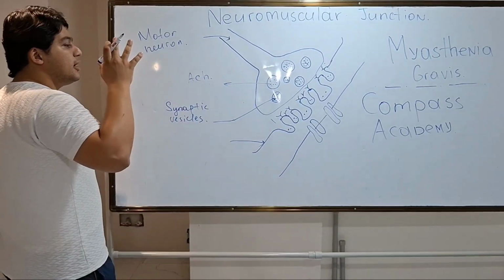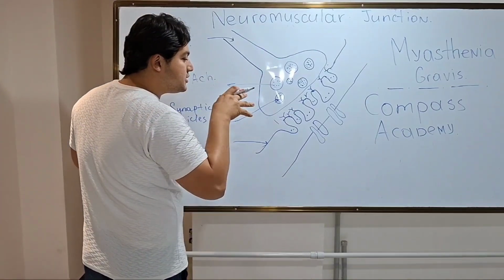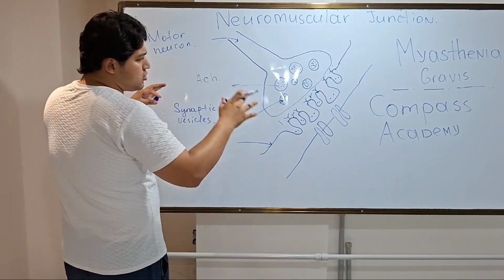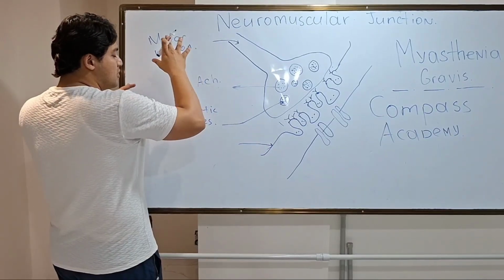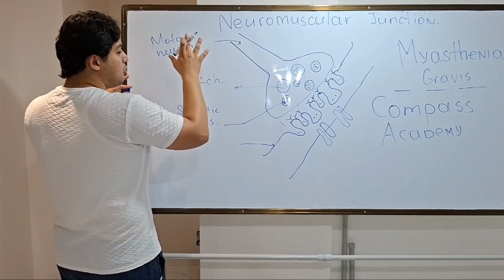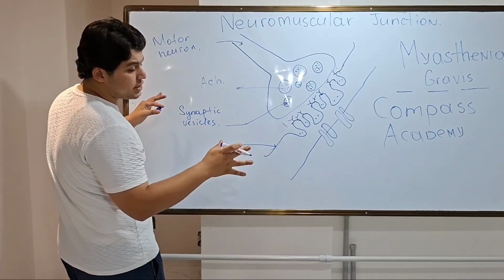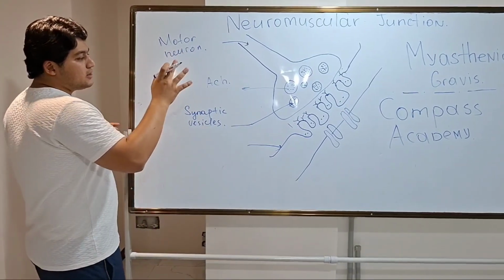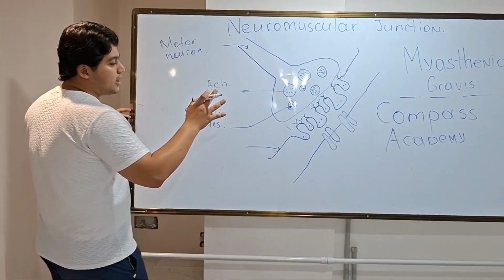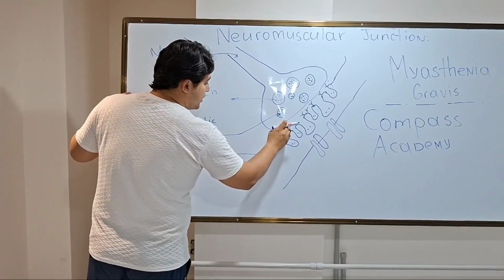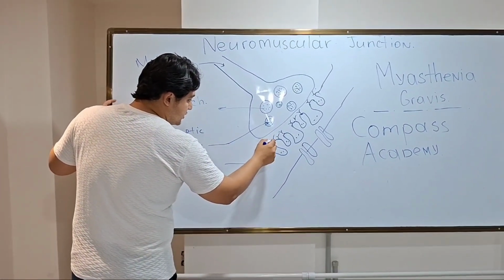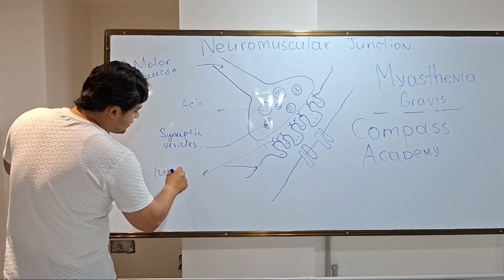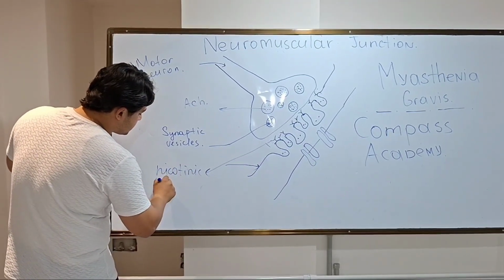When the nervous system sends an impulse, there are a lot of mechanisms, like how it goes from repolarization to depolarization, but I'm not going to talk about that. The main thing I will talk about is the blockage of these receptors, called nicotinic receptors.